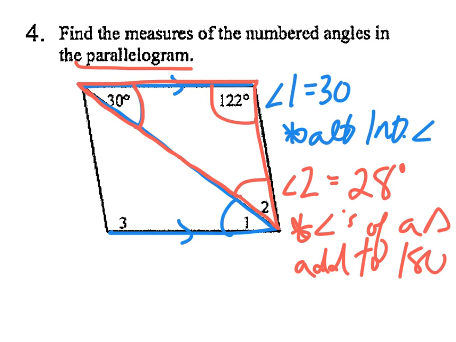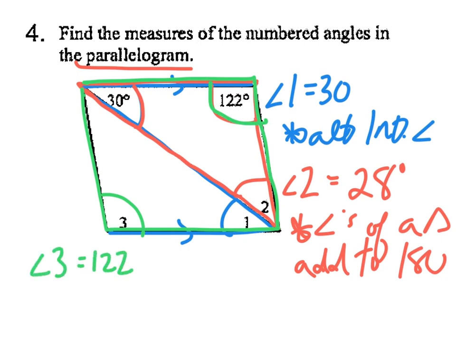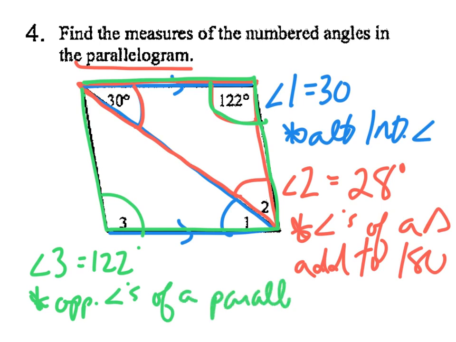Finally, we look at angle 3, and some of you might have been able to see this right away. Because I have a parallelogram here, which was told to me in the problem, I have a set of opposite angles right there. So I know that angle 3 has to equal 122 degrees because the opposite angles of a parallelogram are congruent.